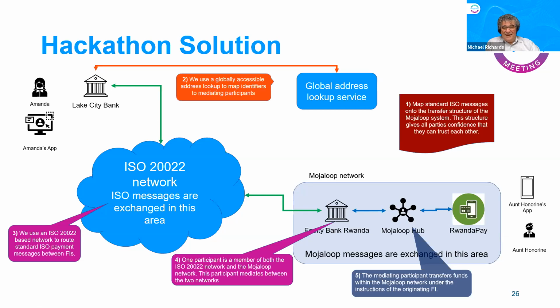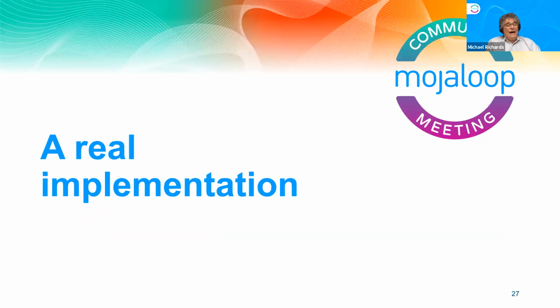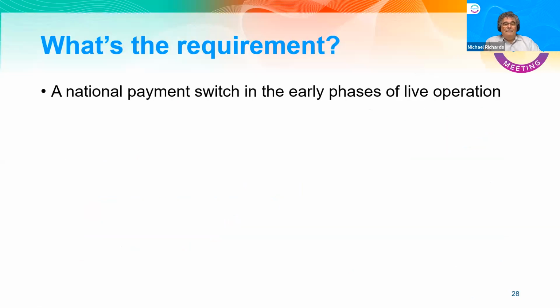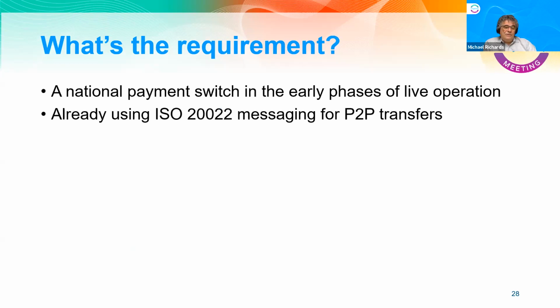Okay, so as Adrian says, we've got many fish to fry, so we're going to fry a few more. We are in the fortunate position of having a real implementation to play with, to satisfy. What's the requirement here? It's a national payment switch in the early phases of live operation. It's already using ISO 20022 messaging for P2P transfers.